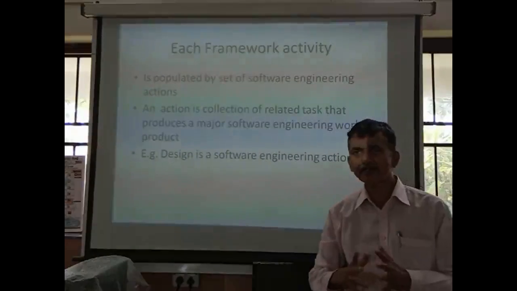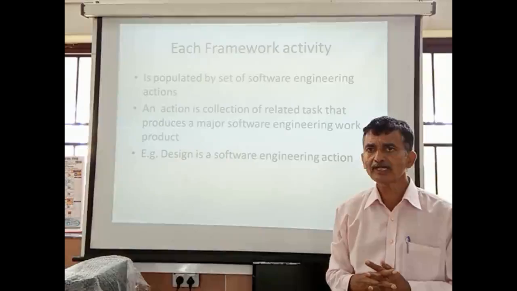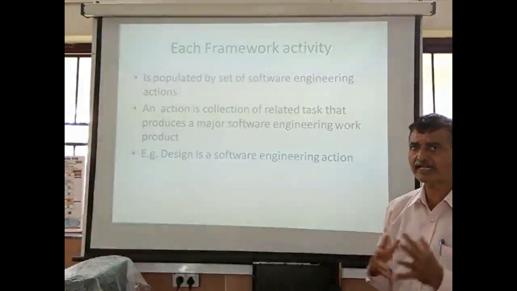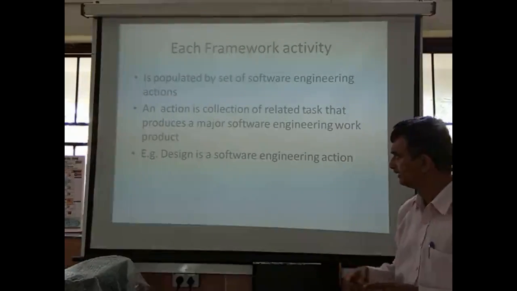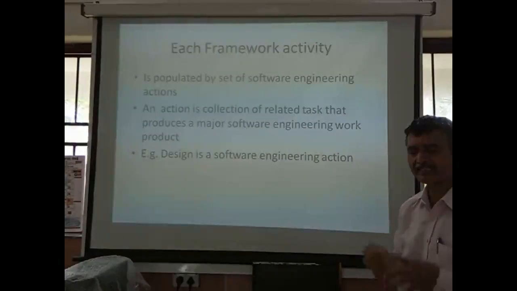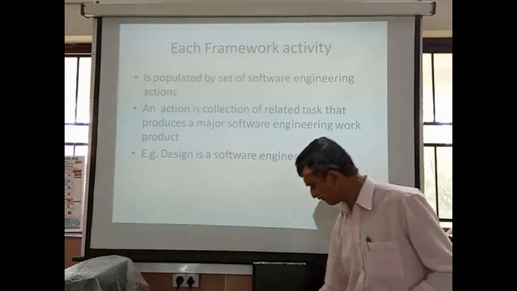So when you carry out a number of actions, you will get one product. For example, design is one action that you carry out, and the product you get is that you have designed a software. At the end of this, you will get a perfect design for the software.